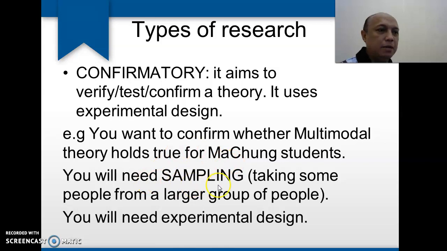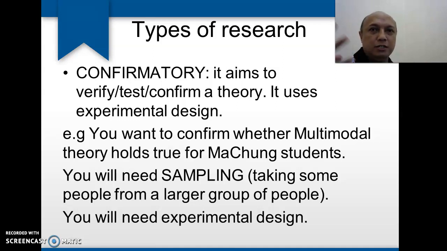And then you will need sampling. Sampling means taking only some people from a larger group of people. The larger group is called the population, and the smaller group which is part of it is called the sample.